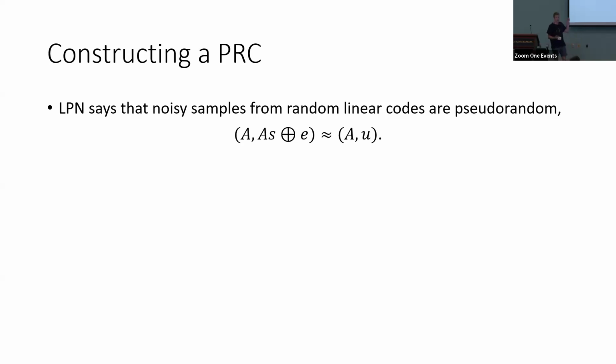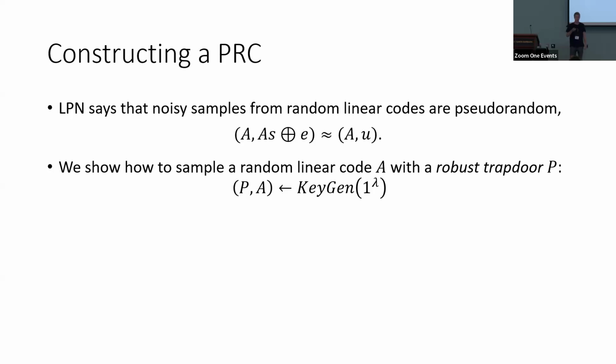So we're going to rely on LPN, or learning parity with noise. We're going to rely on a sub-exponential variant of it. But LPN says that noisy samples from random linear codes are pseudo-random. So here, everything is over F2. A is a random generator matrix, and then S and U are random vectors, and E is a low weight, constant fraction weight random error.